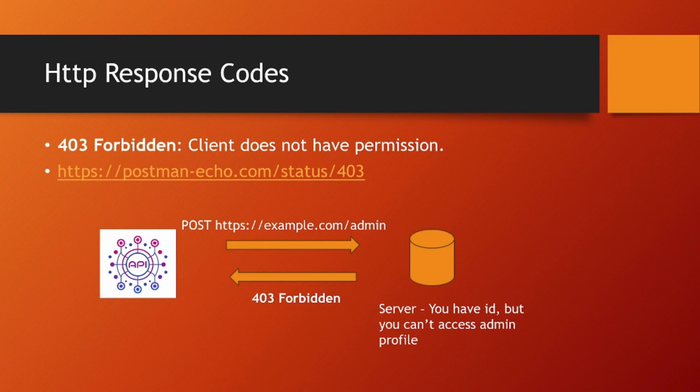So in that case the server will give back the 403 forbidden error, that you are forbidden from accessing this particular resource. Although you have a proper id and password, you are not allowed to access this particular portal.